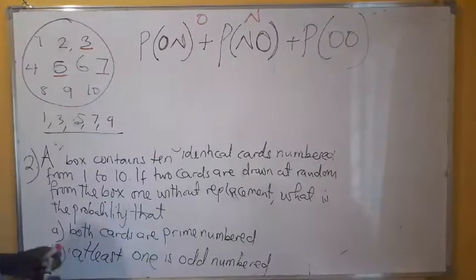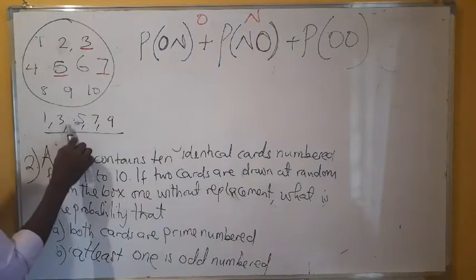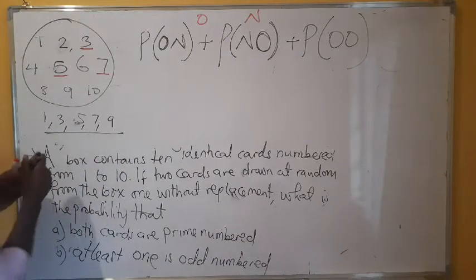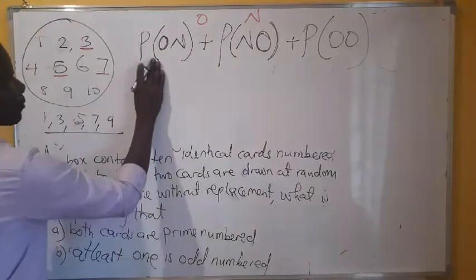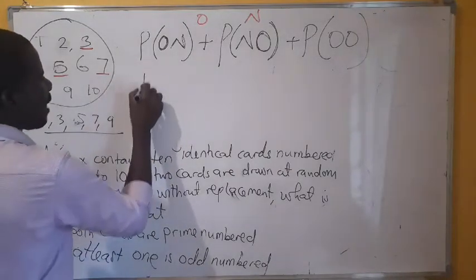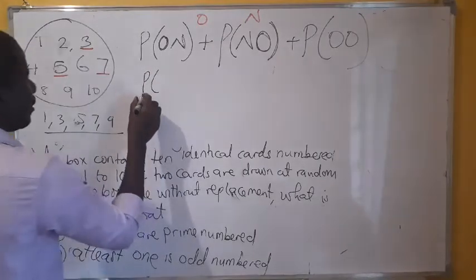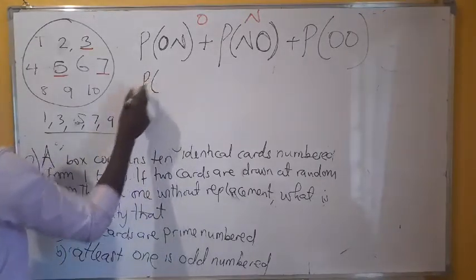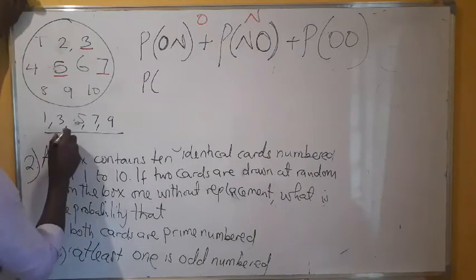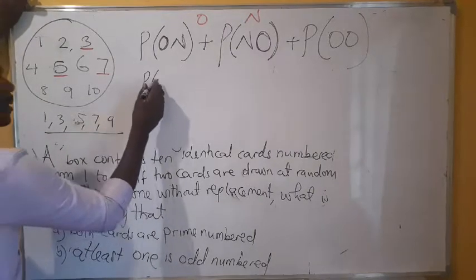So what is the probability that we are going to have an odd number for the first one?